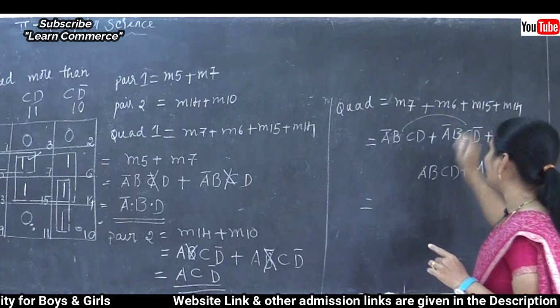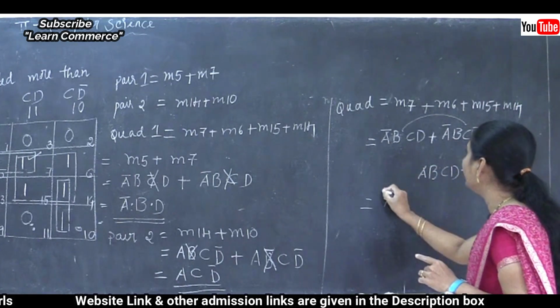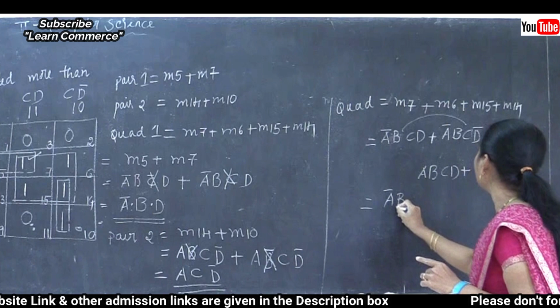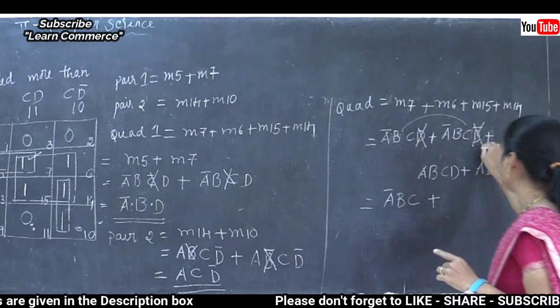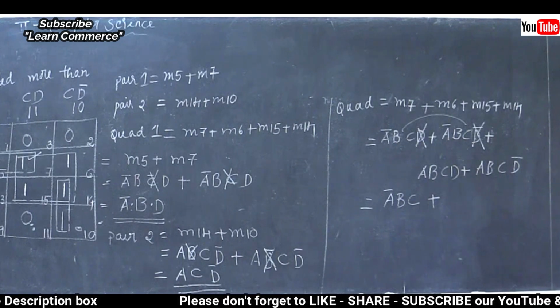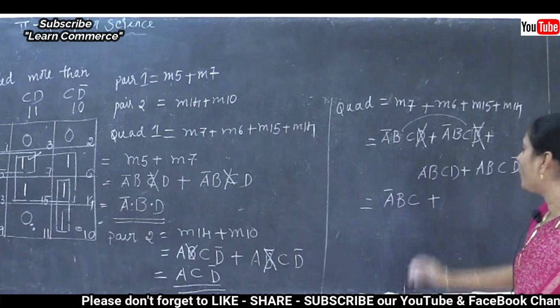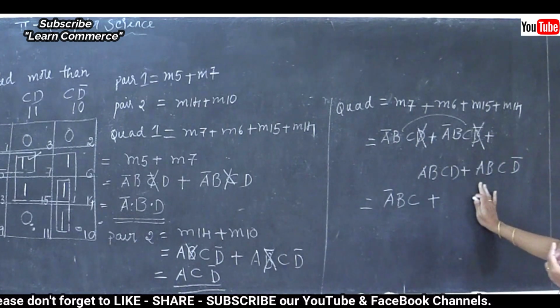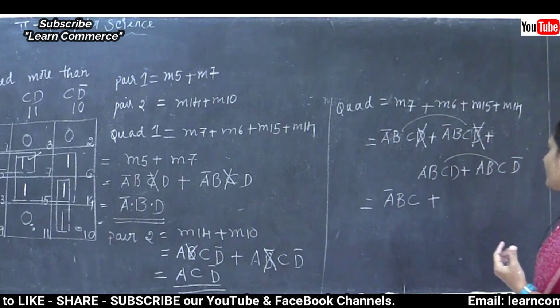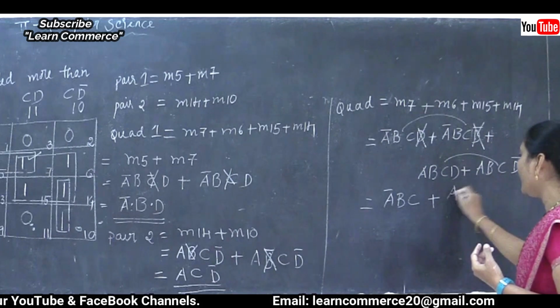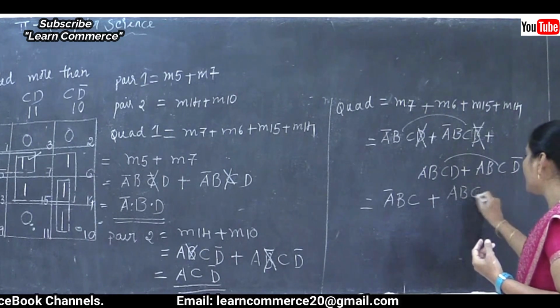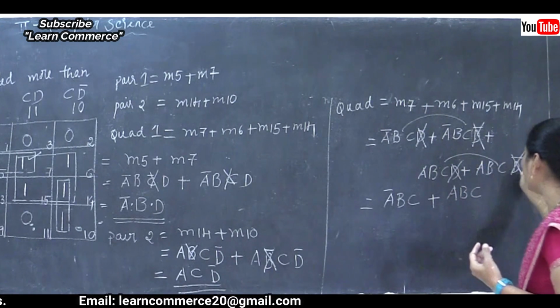Now I am going to make the comparison. Complement A and B, next C we need to take, correct? But here the variable we need to remove is D and complement D. When you compare the second expression, that is the third and fourth, the value is A, B and C, but here the D value we need to remove.